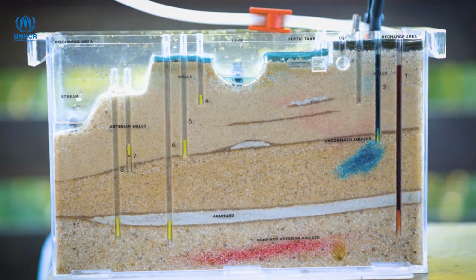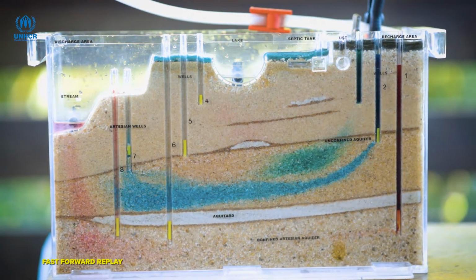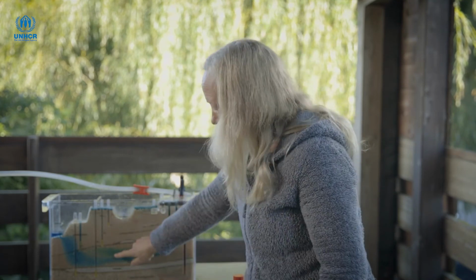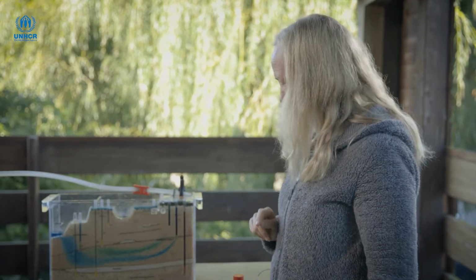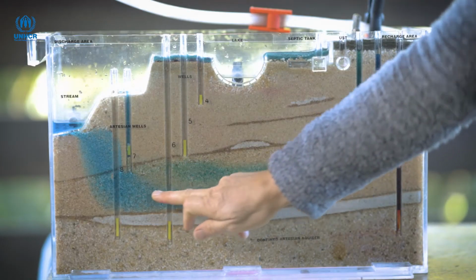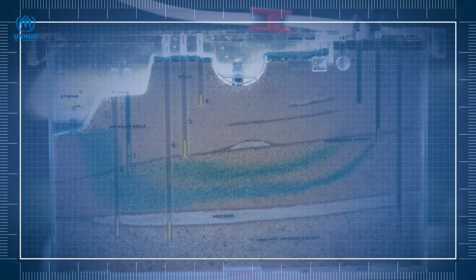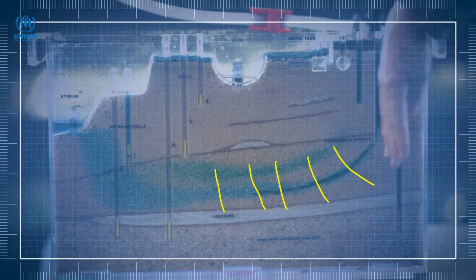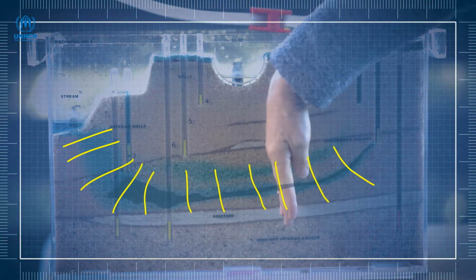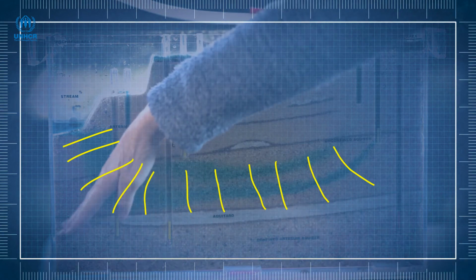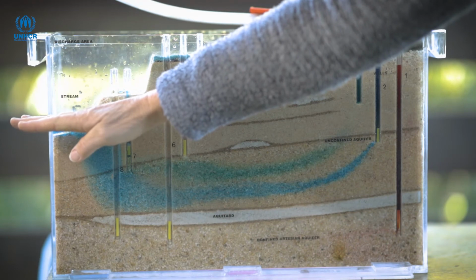So we can see that the pathways going from one point to the other, they go to different places and they will never cross each other, but they can mix along the boundaries. So this is also what we call dispersion. And again here it is very nice, the movement upwards that one can see. So from the piezometric lines, we would see that the piezometric lines are about vertical in this area here, and then bending upwards in this direction.